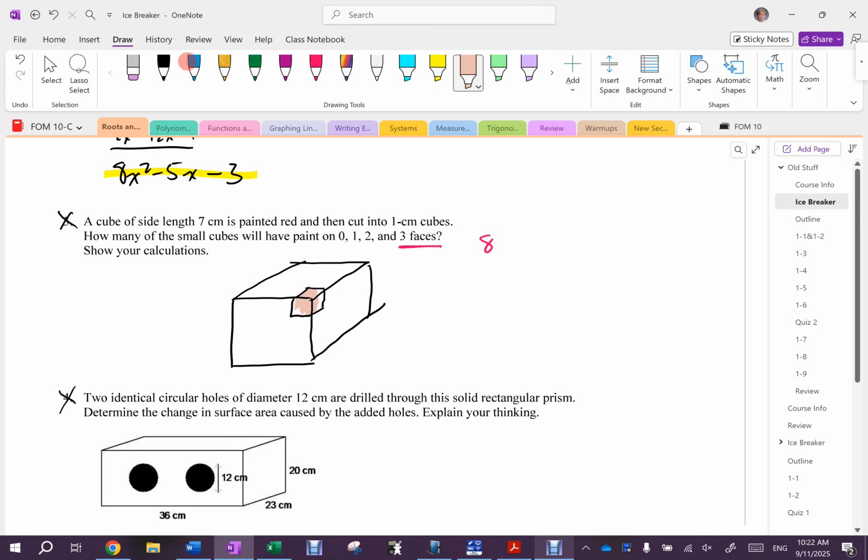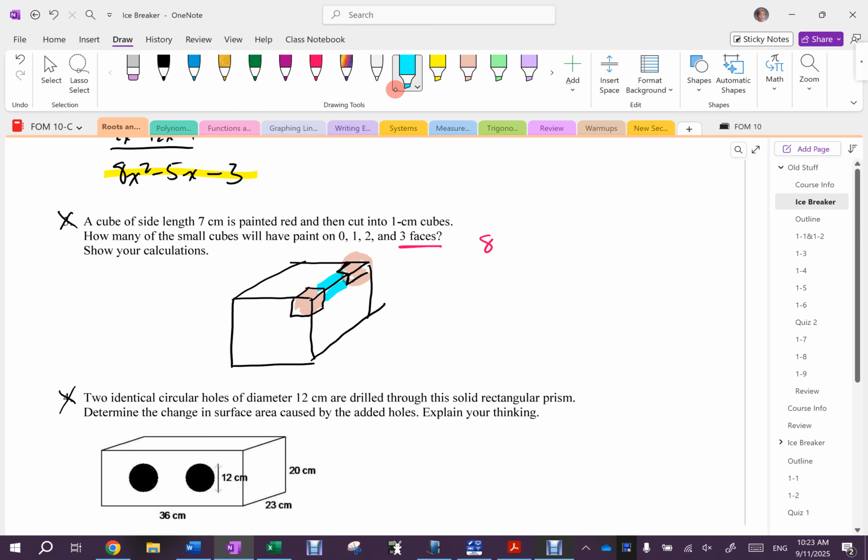Well, we know this corner is going to be another thing. How many cubes are down the side of this cube? There's 7, yes? But 2 of them have paint on all 3 sides, right? So in the middle here, that should have been a different color. How many are blue there? 5. So on every edge, there's going to be 5, yes?